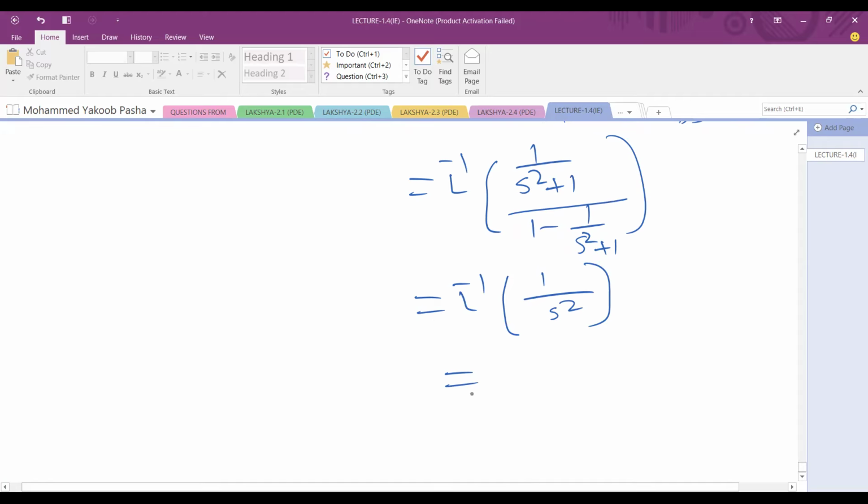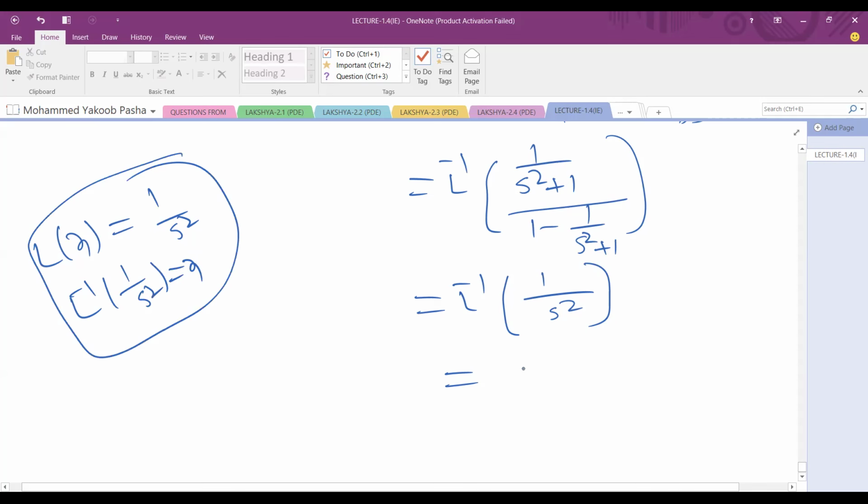Guess. What is the x? Laplacian of x is 1 by s square. So inverse Laplacian of 1 by s square is x. Already we did this type of problem. So it is x. R of x is x. We need to calculate R of x comma t comma lambda. What is R of x comma t comma lambda? When R of x is equal to x.